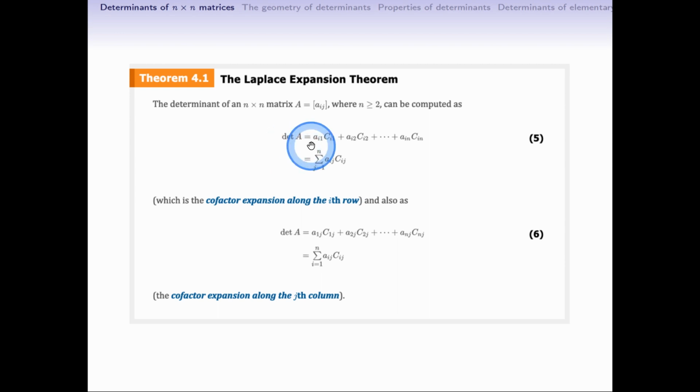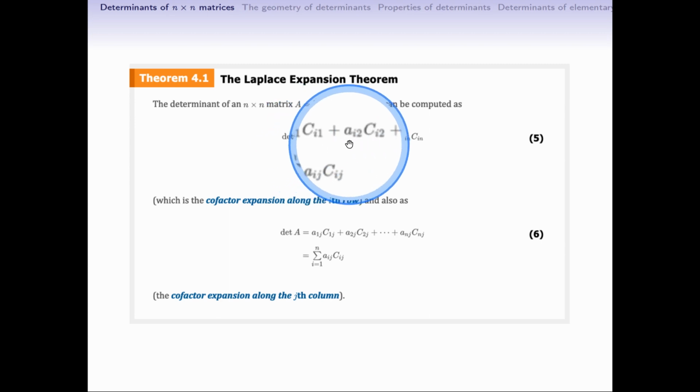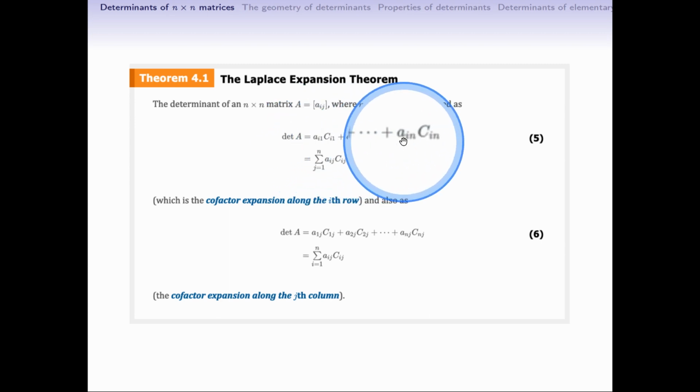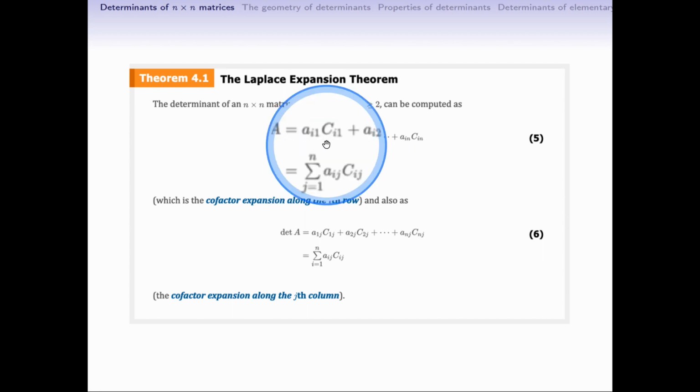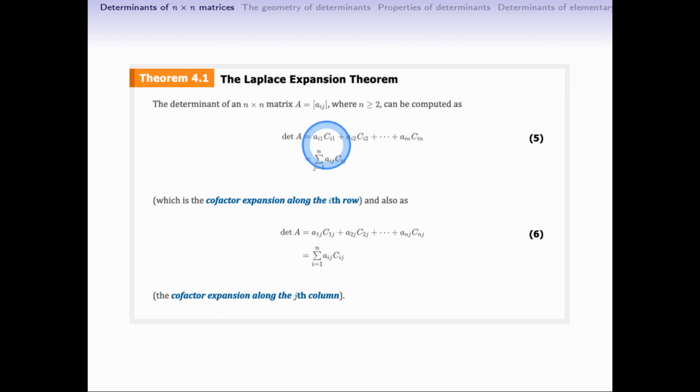And in the formula we see the successive elements of the ith row of the matrix A being multiplied by the corresponding cofactor. If we remember, the cofactor carries with it both the sign of the position and the determinant of the associated minor. So this is just the same formula that we saw before, now expressed in terms of cofactors.